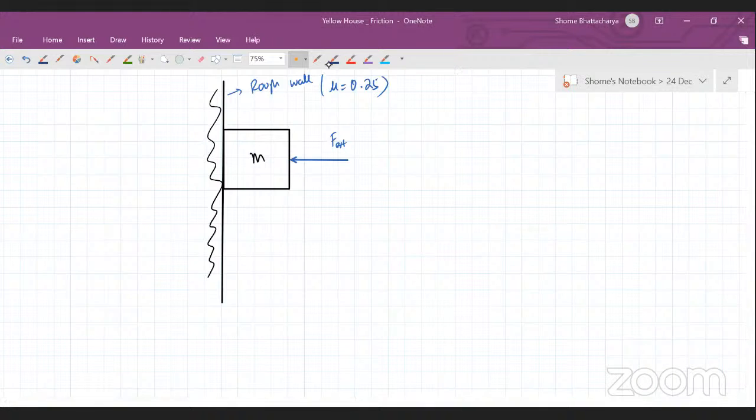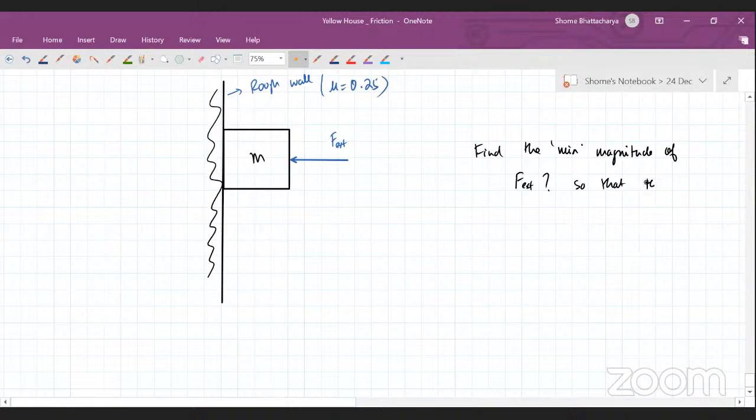Yeah, I'll just finish the last question. So find the minimum magnitude of F external so that the block remains at rest.